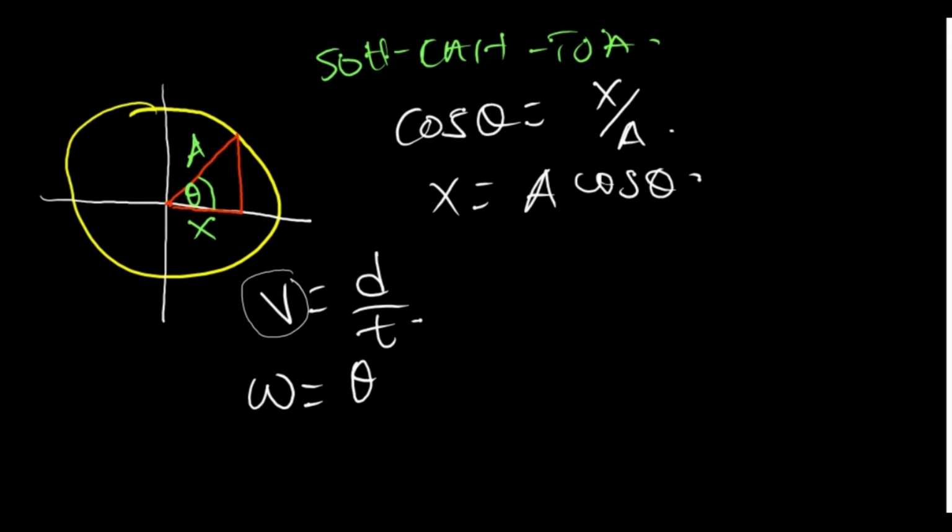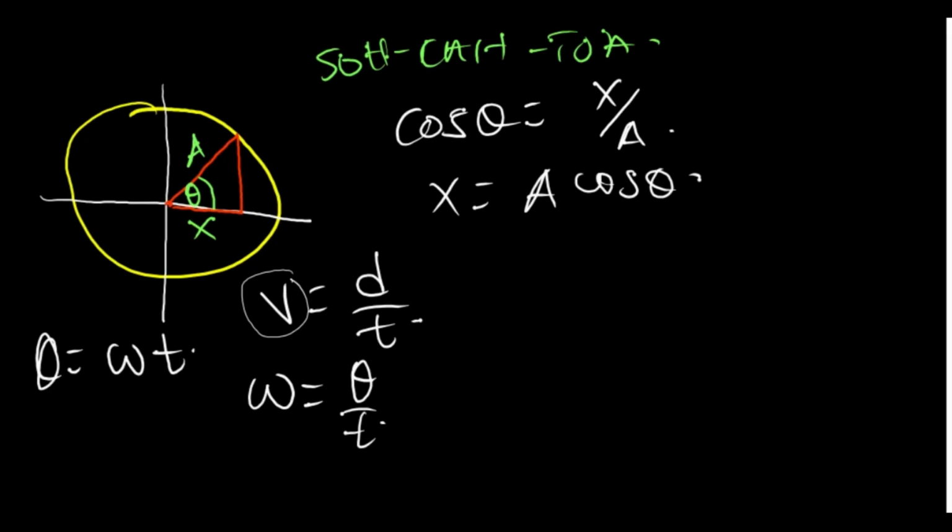The time is still the same time; time doesn't change. Now, from this formula, I want us to make theta the subject of the formula. So theta is going to be equal to w times t.